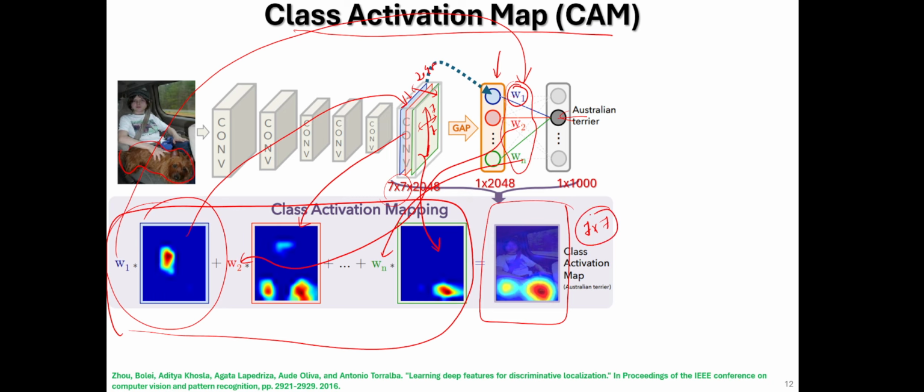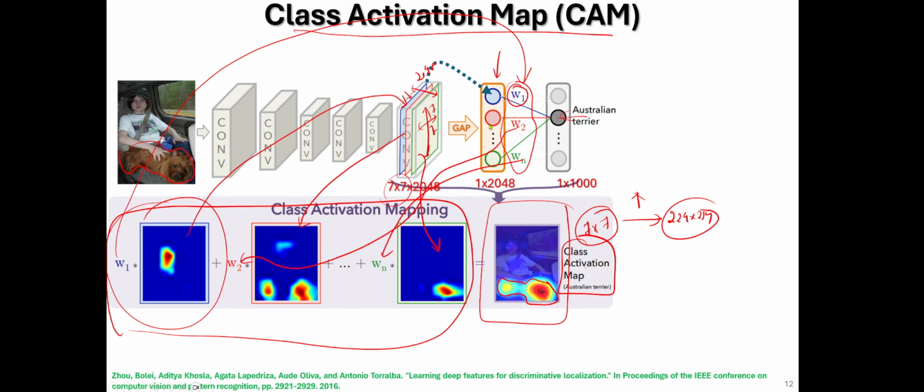Of course this is not the same size as your image, so you need to upsample it to the image size, let's say 224 cross 224, and then you can overlay it on the image, and it looks like this. What you are seeing here is the network predicting Australian Terrier, and that portion is highlighted. This is known as the class activation map. So you see the activations for the class, and you're creating a map out of it.